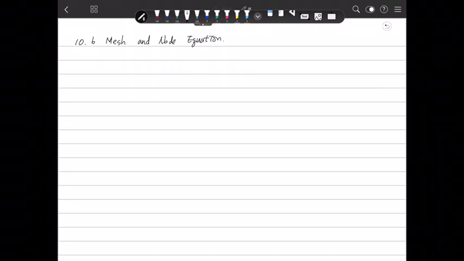We can apply the mesh and node equation in the frequency domain, especially in the phasor. I will give you an example here.